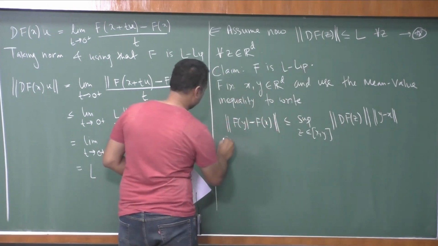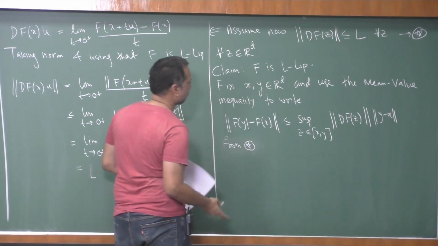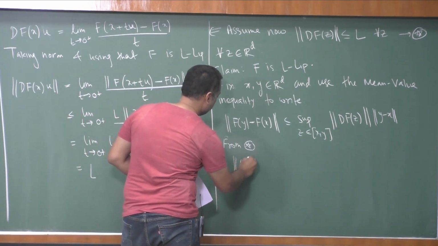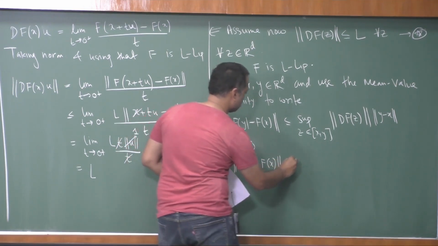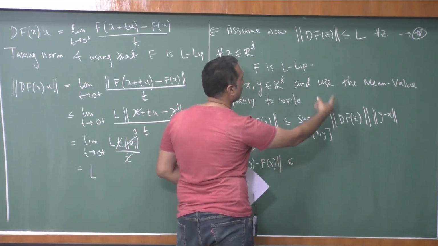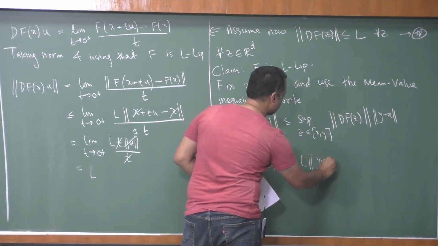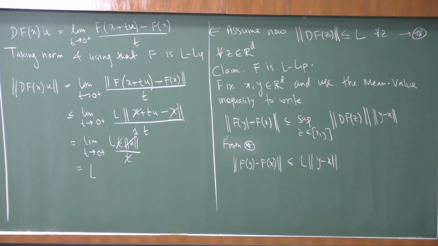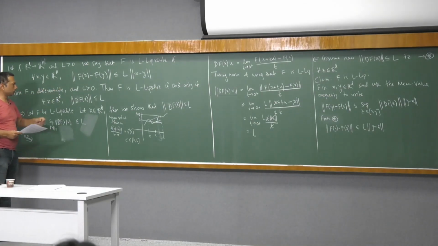So from star, it is now evident that norm of f(y) minus f(x) is less than or equal to the supremum over all L, but L is independent of z. So finally it is just this, and this is what we were supposed to prove. This is more general, but if f is differentiable, then both the definitions coincide.